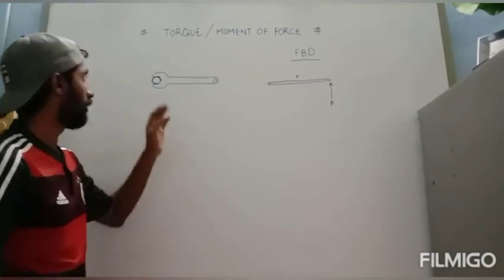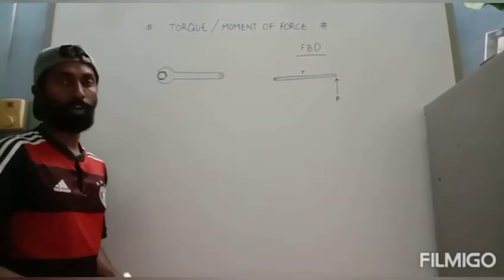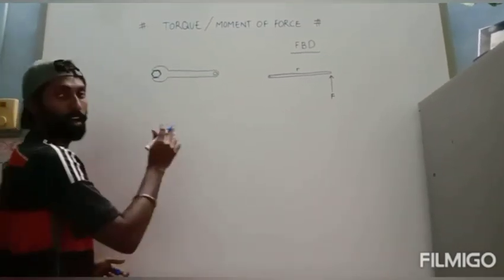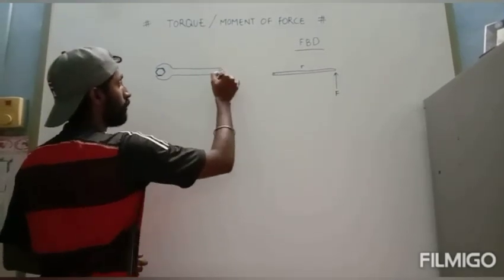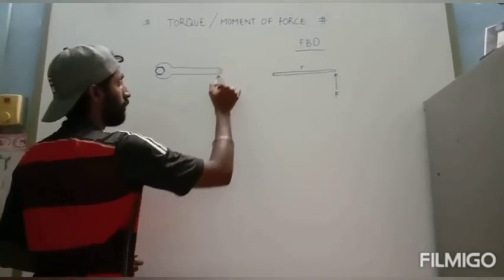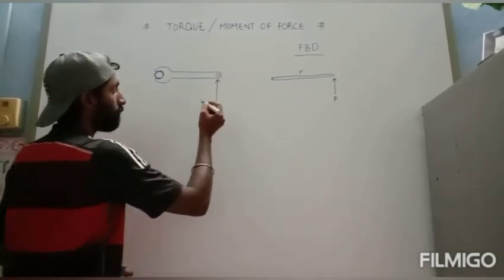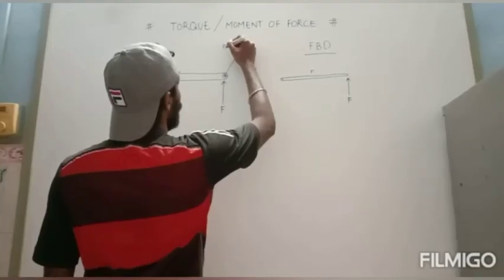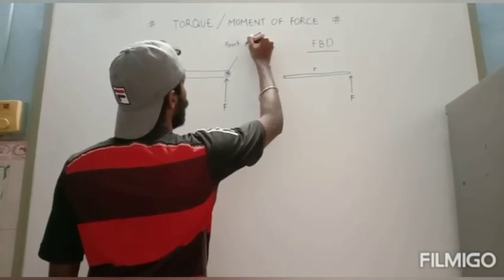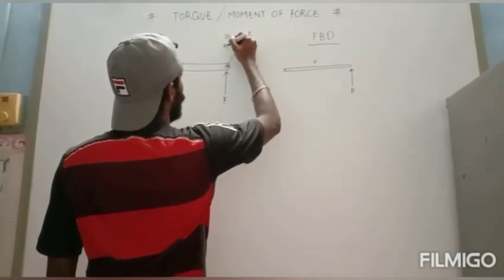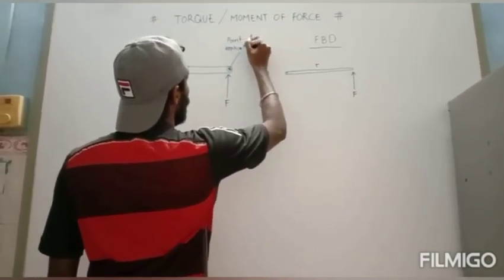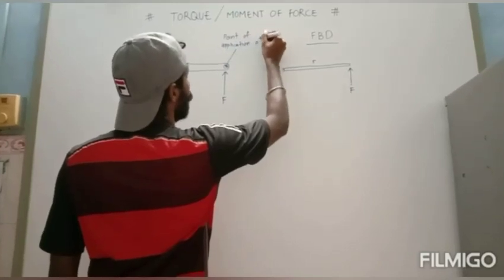To remove the bolt, we are going to apply a force over here. This is the direction of the force, and this will be the point of application of force.